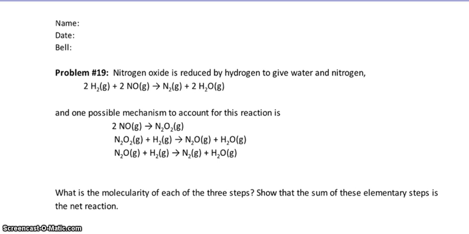So in the first one, 2 NOs. Well, how many reactant molecules do you have? You have 2 NO, so it is a bimolecular step. Look at the next one. You have N2O2 and H2. Is N2O2 even a reactant? The answer is no. Is H2 a reactant? Yes.